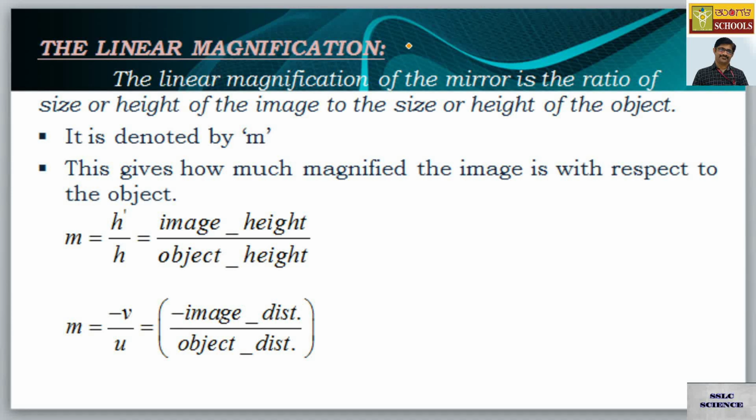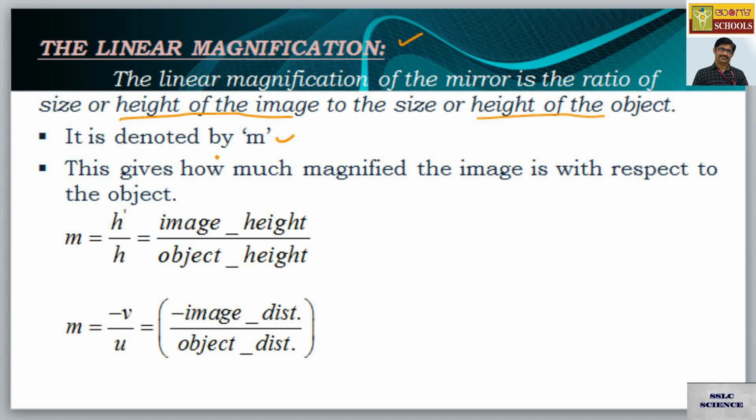Next part, linear magnification. Linear magnification of the mirror is the ratio of the size or height of the image to the size or height of the object. This is denoted by the symbol small m.